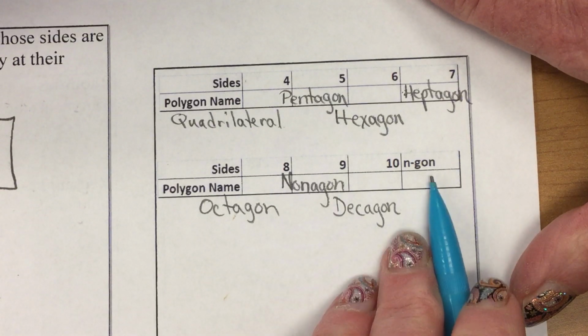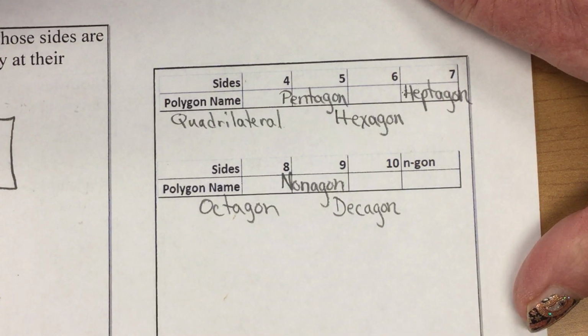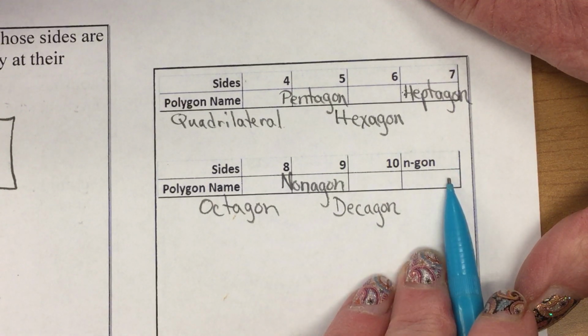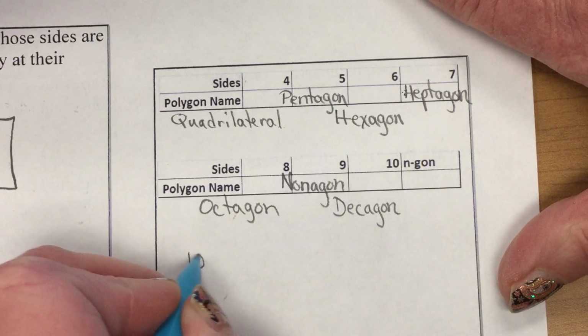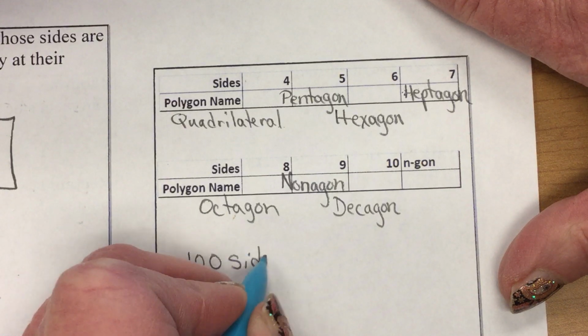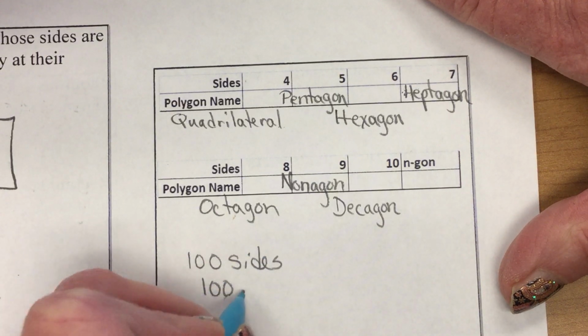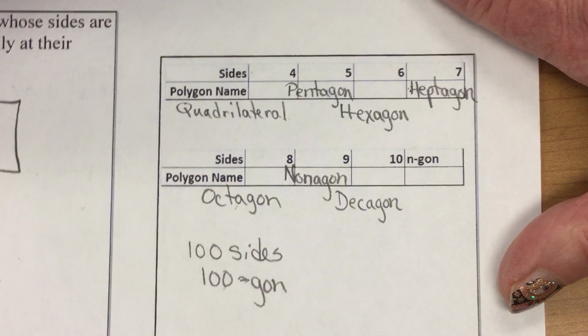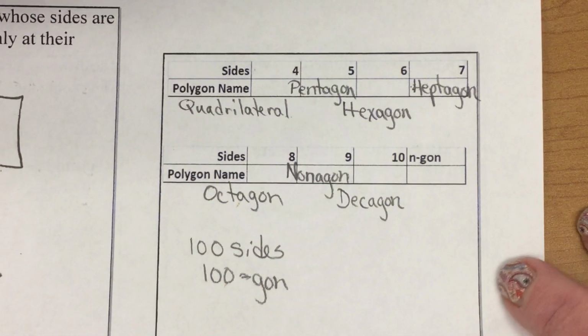And anything over 10, well, there's 11, there's 12, but if I have a lot of sides, we say it's an n-gon. So if I have 100 sides, I'm a 100-gon. And that's just how they're named.